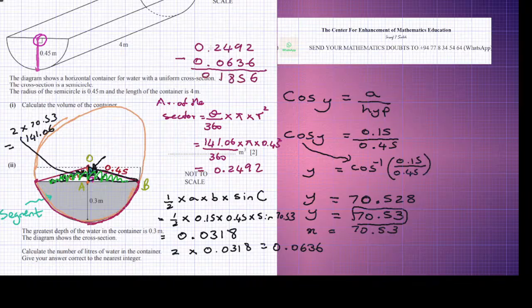So it's 0.1856. So the area of this gray part is the area of the cross section of the prism.